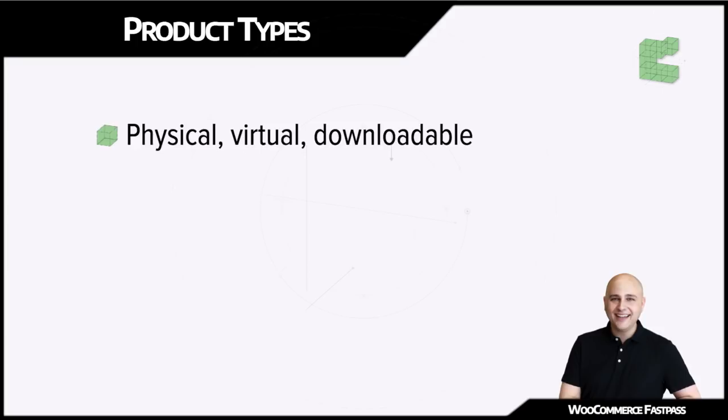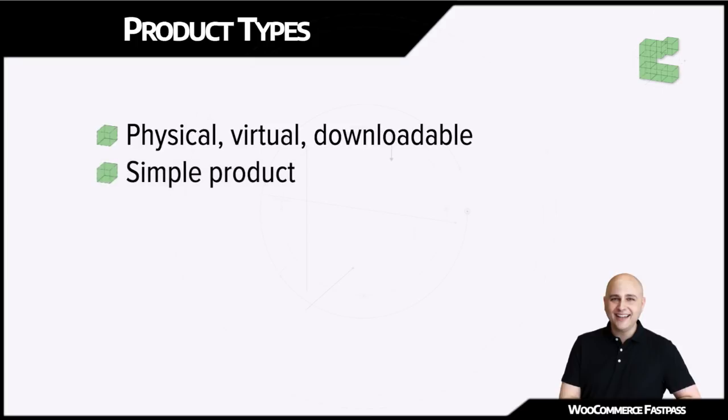If someone wanted to schedule an appointment with you and you sold it an appointment, that would be a virtual product. And then we have downloadable products, and this is where after someone completes their purchase, they will be given a link where they can download in a secure area the file or whatever you are offering them as a download.